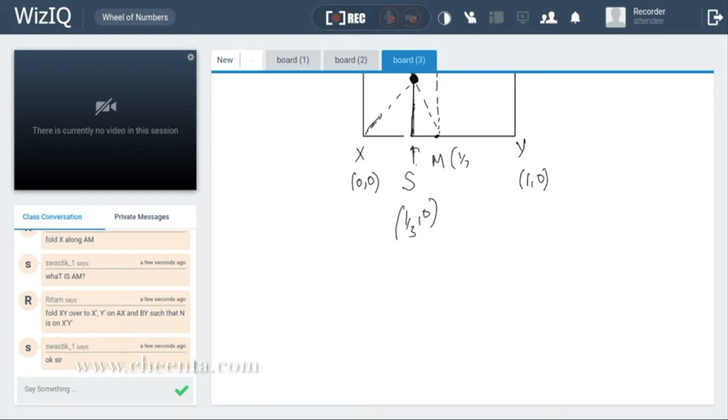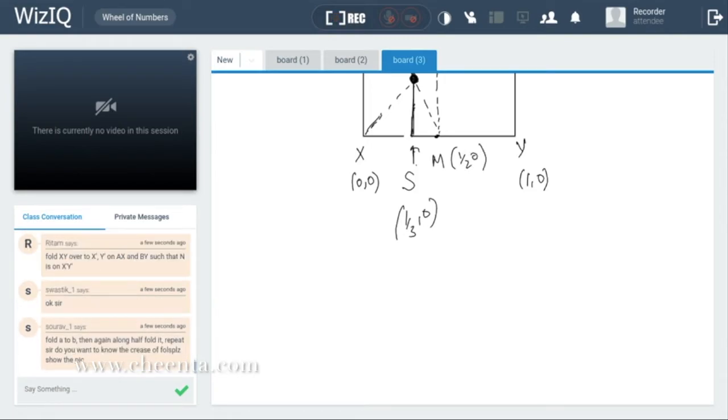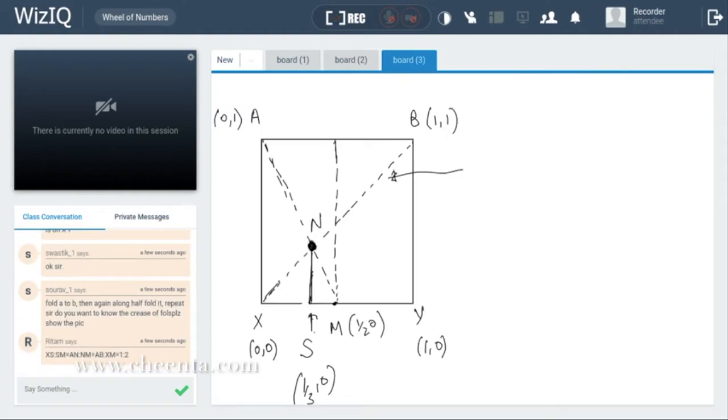This was half comma 0. Can you tell me what is the equation of the line BX?